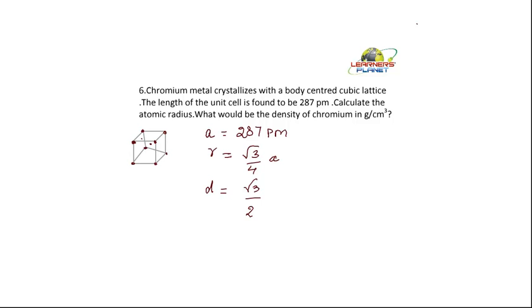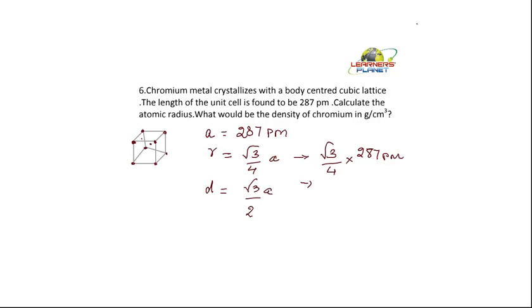Nearest neighbor distance means the distance between the two atoms. Now, what is asked over here? You are asked to find out the atomic radius. So, r will be equal to root 3/4 into a, and a is 287 picometers.